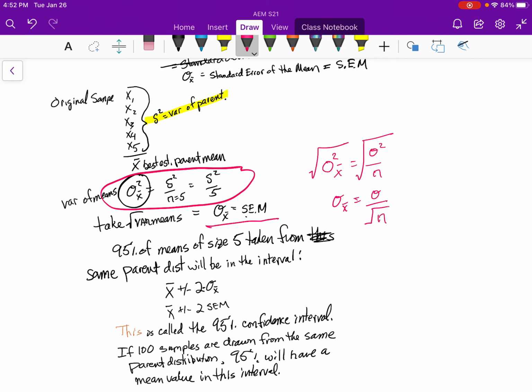And so this is why this is the equation for standard error of the mean, because it drops out all the unnecessary calculations using the variance. You can simply go straight to this, right? So when you get a sample, you calculate the standard deviation, and then you calculate the standard deviation over square root n when you want the SEM.